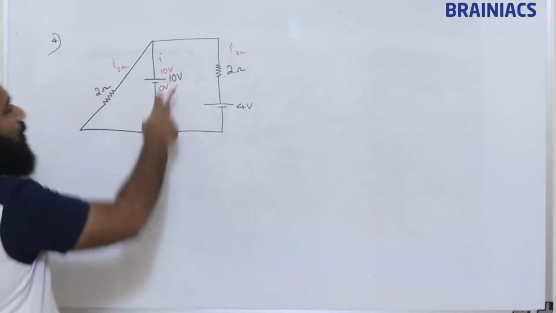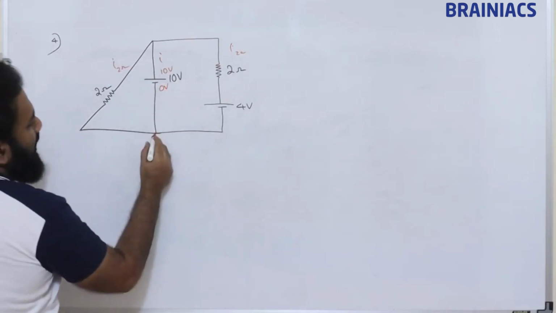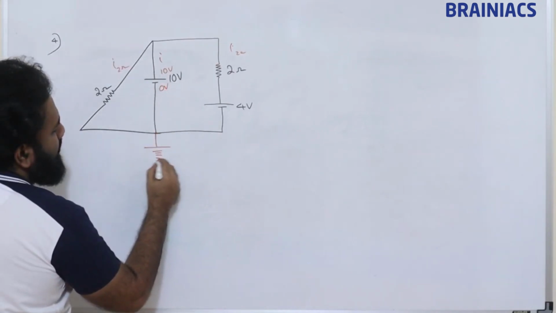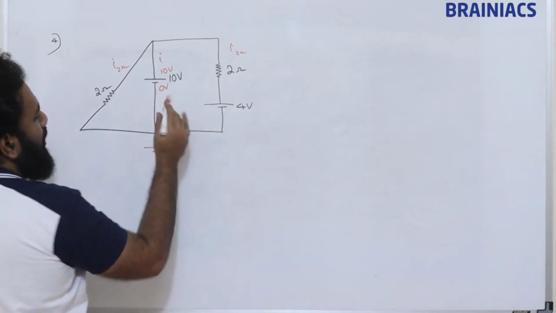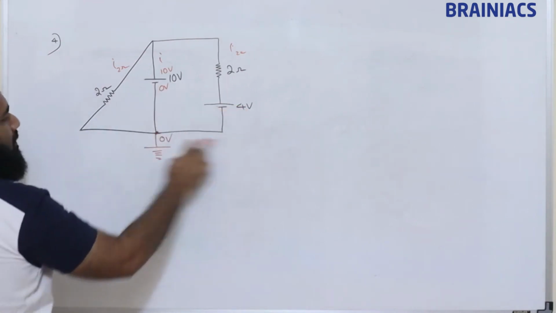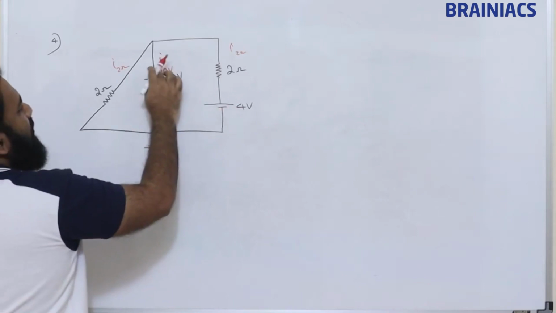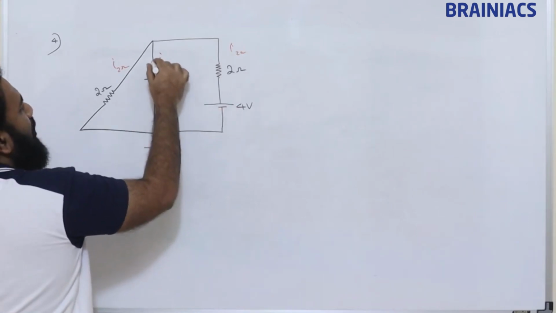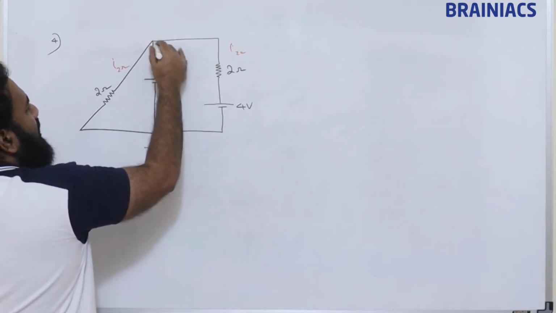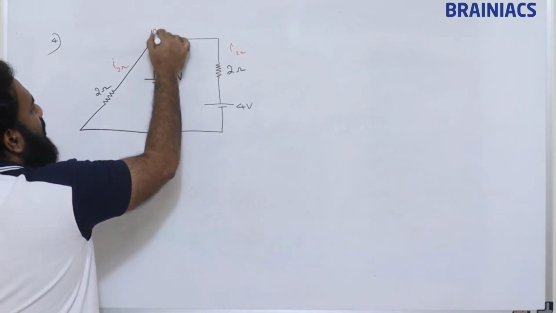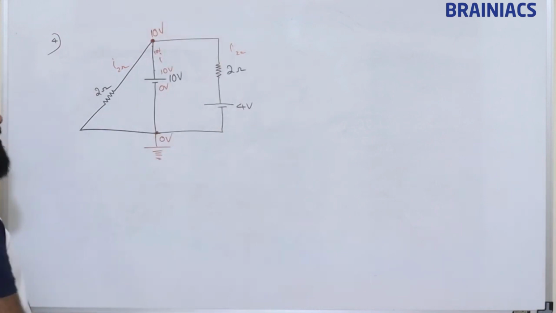So the easiest method we will be taking. We can consider this as ground, 0 volt. Now this 10 volt, here no resistances. So finally this node voltage is 10 volt.